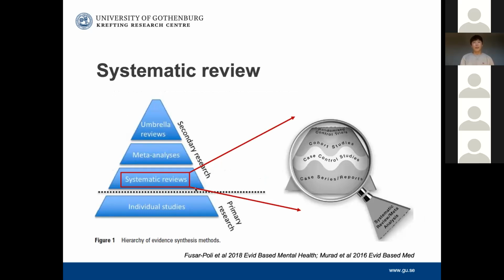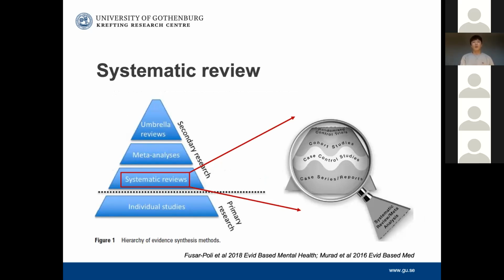recommendations. So, for a brief introduction about systematic reviews, a systematic review is a tool to summarize the evidence surrounding one specific topic. And it's very useful because for one specific topic, usually we have more than one study.